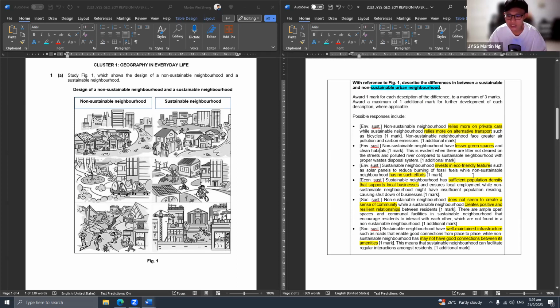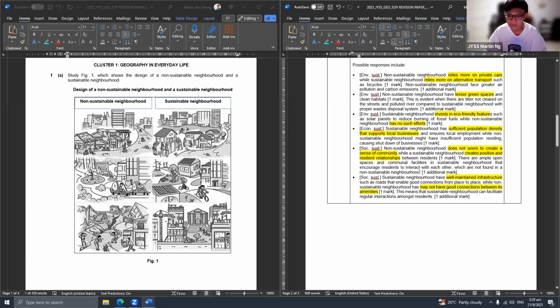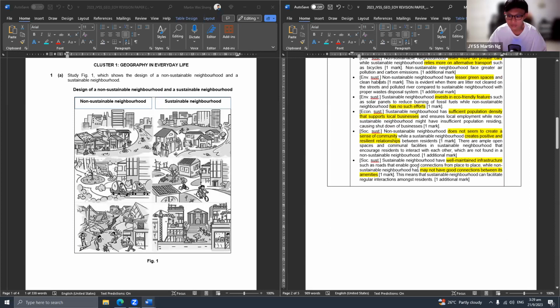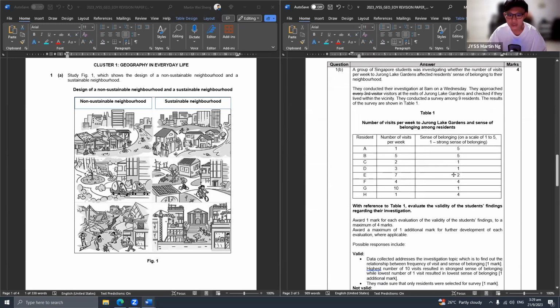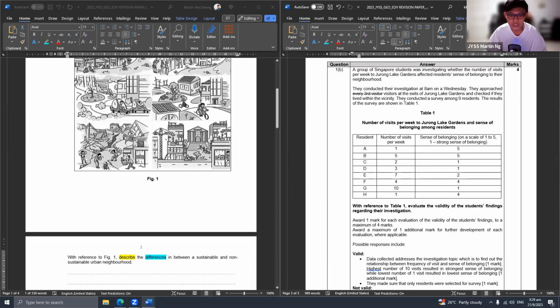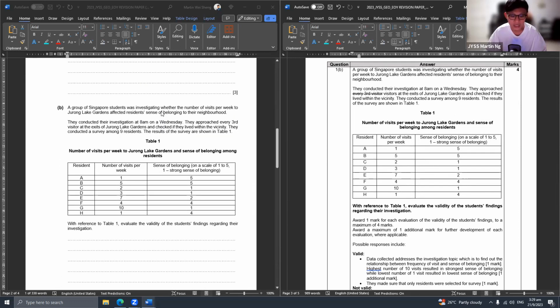So these are the things, the related ideas to sustainable neighborhood. So that is for the first question. Very straightforward question.